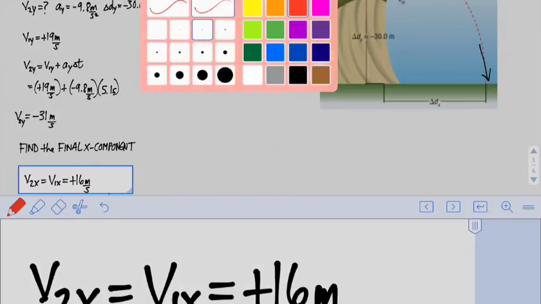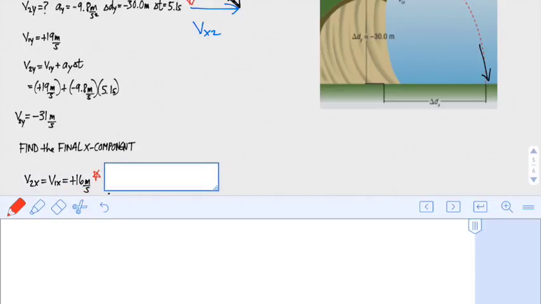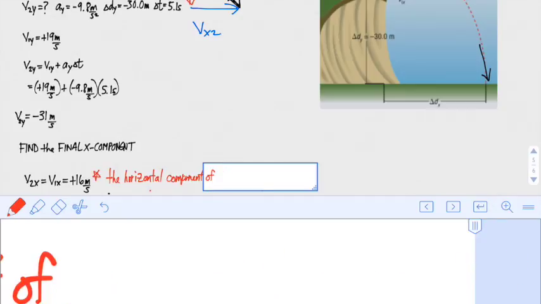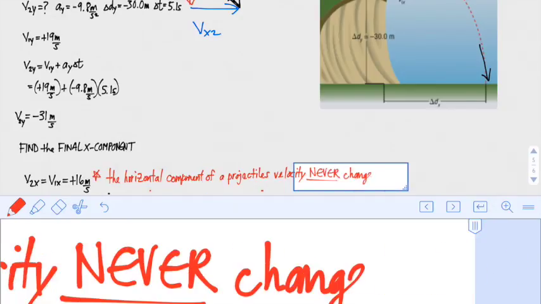So remember this. The reasoning is the horizontal component of a projectile's velocity never changes. And this is an important characteristic of projectile motion.